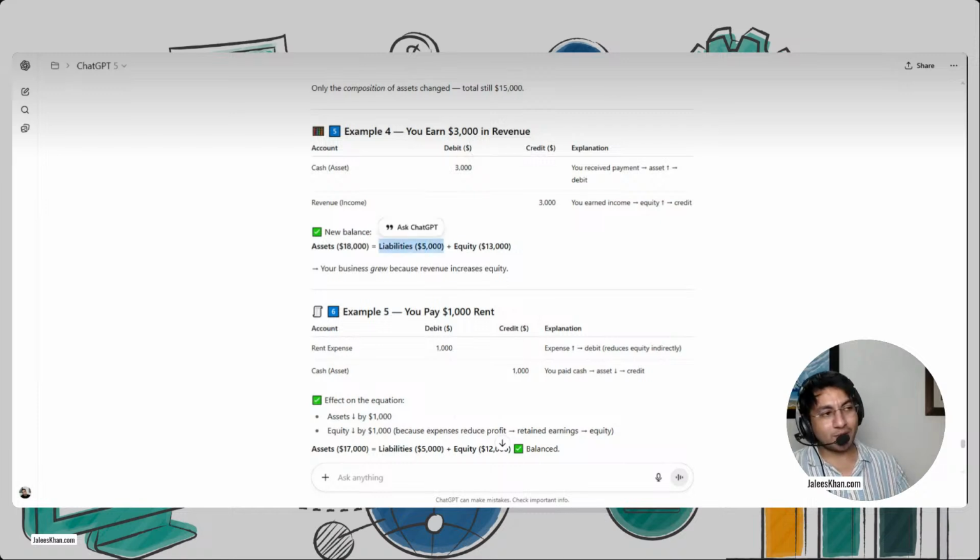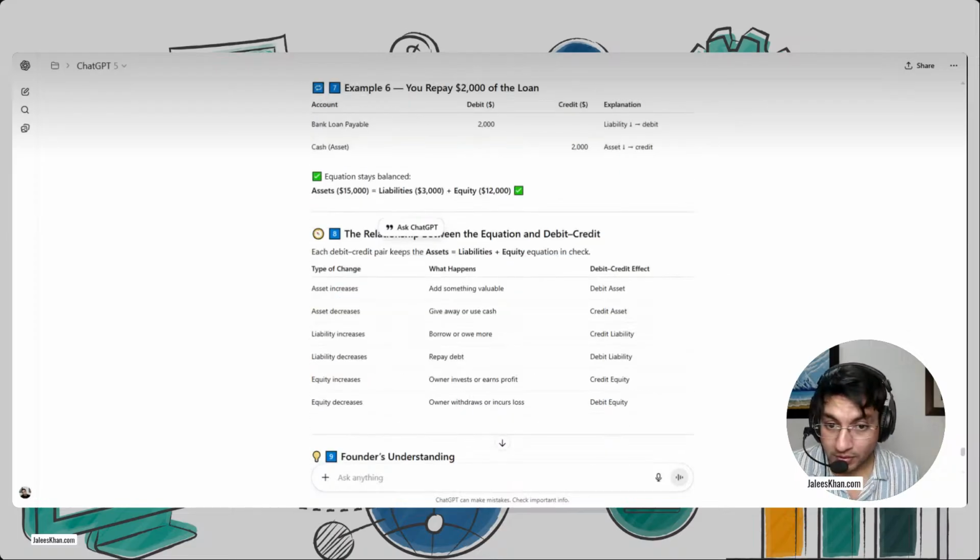So liability is increasing, so a liability is the ending point of the transaction. So liability debit. Let's see if I'm right. My gosh, I really suck now. It means liability increases, borrow or owe more, credit liability.